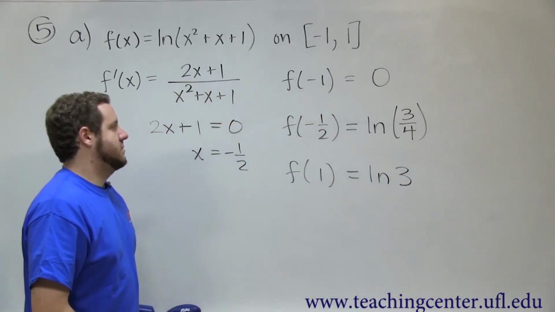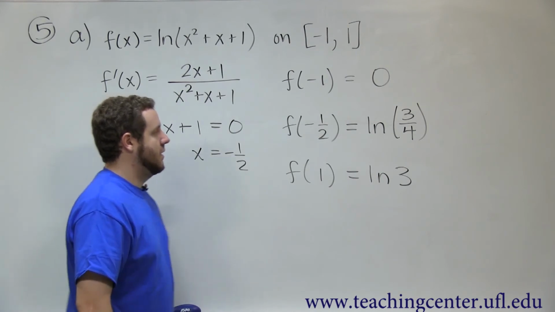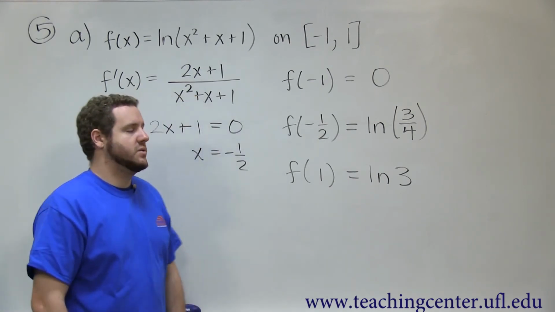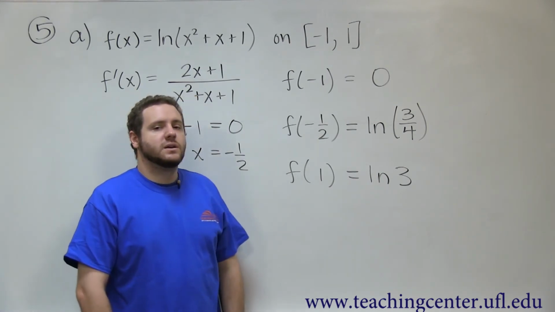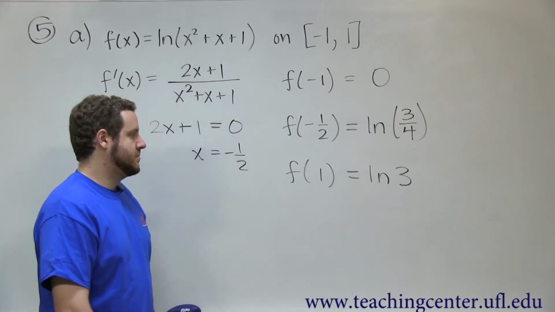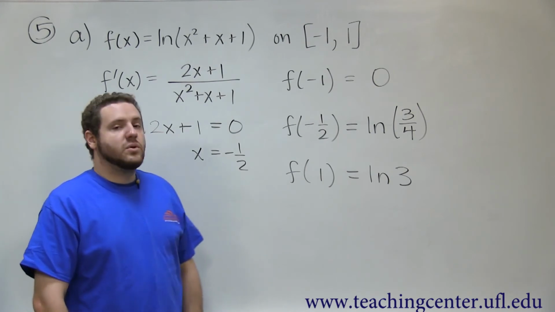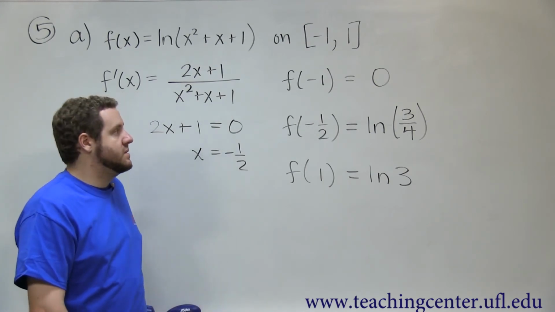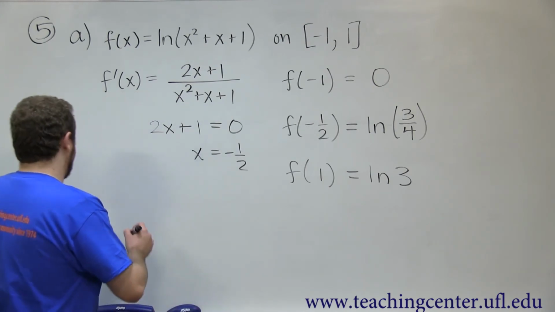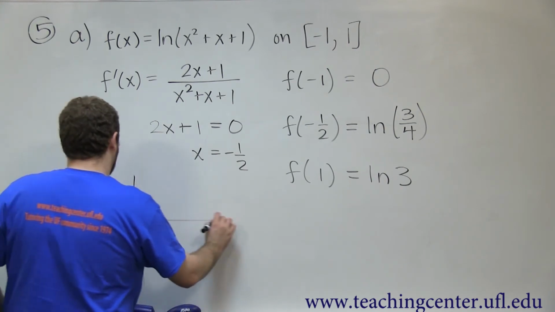So we're tasked with which of these is the biggest and which is the smallest. To answer this question, you just need to know some things about your ln function. ln 3 is just some positive number. But ln 3/4 is a negative number, because if you remember, your logarithm ln of x graph looks like this.